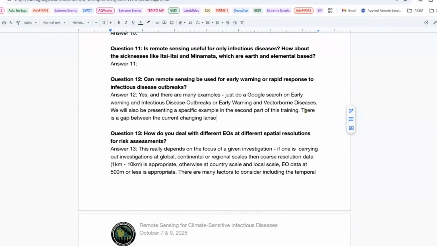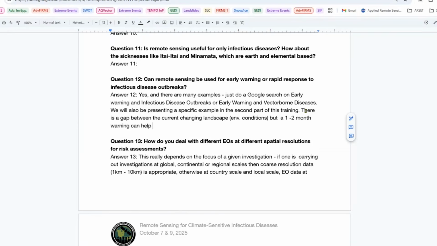That's why in our case, we were estimating together with the local experts that the timing between the change in environmental conditions that we were observing and forecasting through our malaria early warning system gave the local healthcare professionals about 1.5 to 2 months heads up on where the outbreak is likely to occur, so that they can position the resources and send personnel to areas that they would not normally monitor under these conditions.